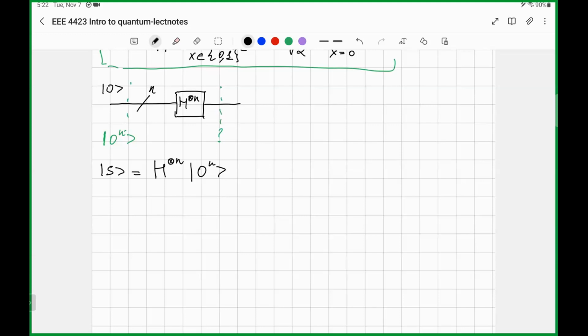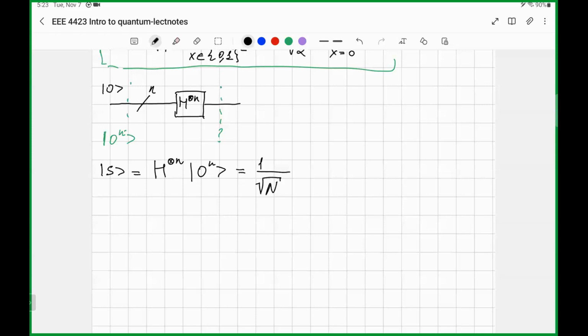Okay, and the result of it will be 1 over square root of N capital, which is the number of possible states in the system, right? N capital is 2 to the power of n small, and n small is the number of qubits in the system.